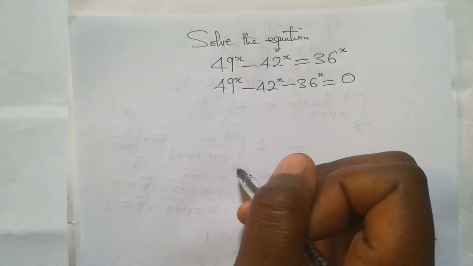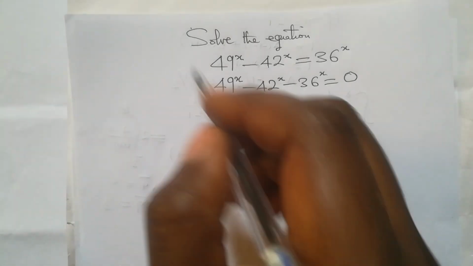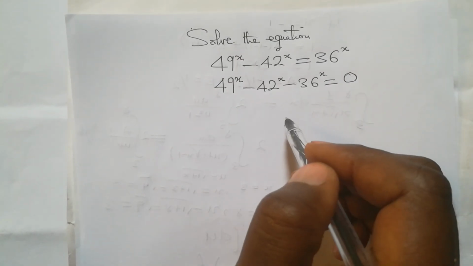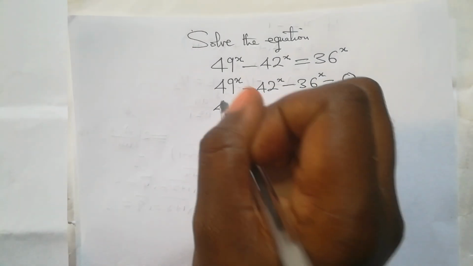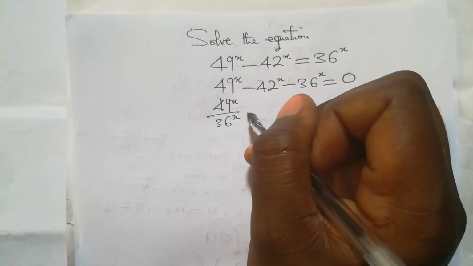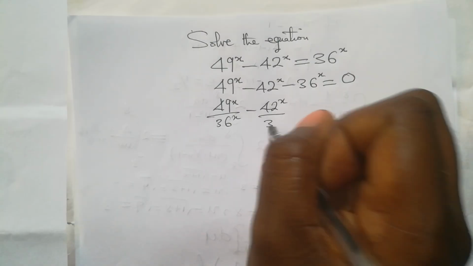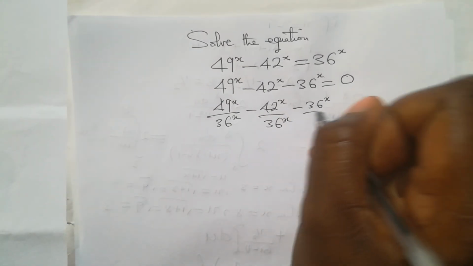The best way to do this is to divide both sides by 36 to the power of x, to use a logic. So we can say 49 to the power of x all over 36 to the power of x, minus 42 to the power of x all over 36 to the power of x, minus 36 to the power of x all over 36 to the power of x.